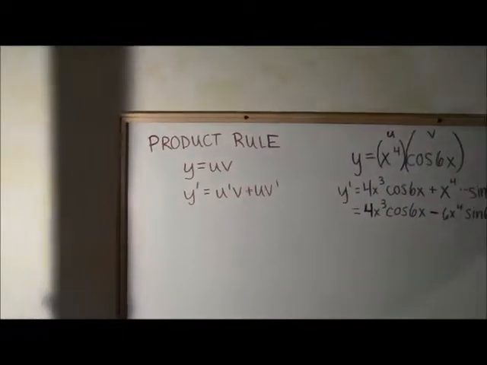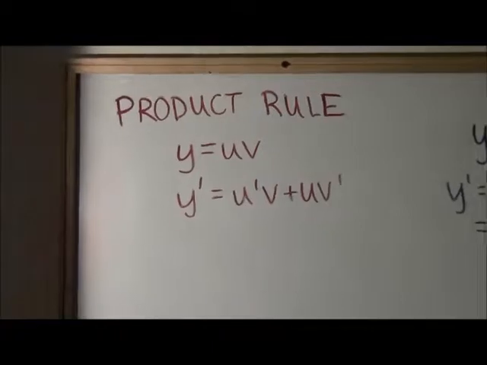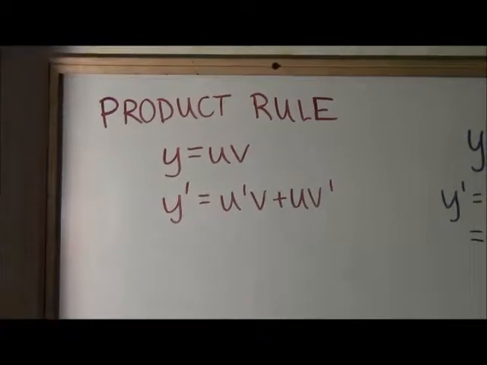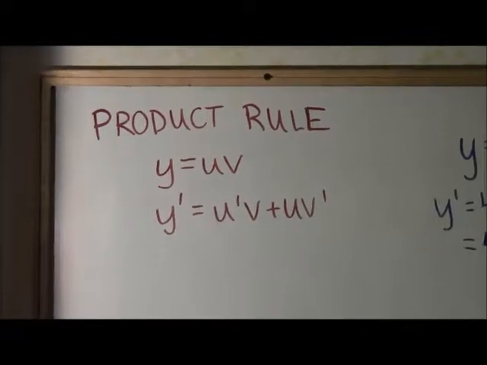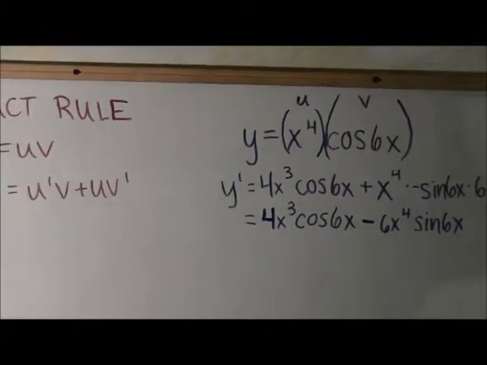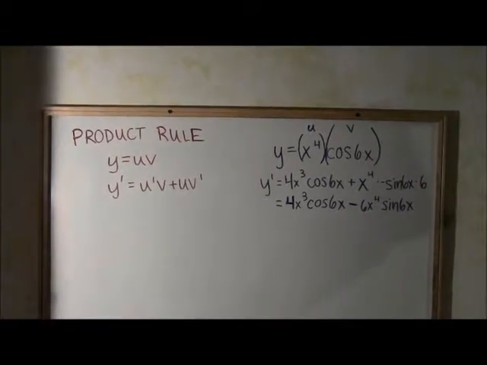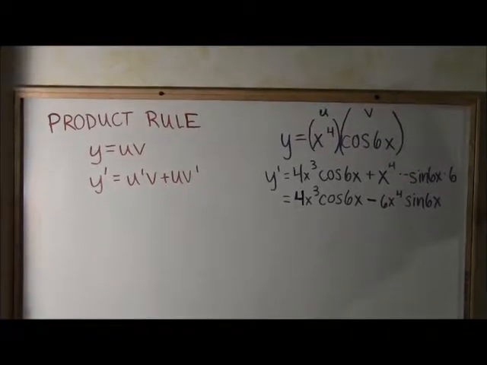The product rule states that the derivative of y equals uv is y prime equals u prime v plus u v prime. By separating the two parts of the function y, you have x to the fourth is u and cosine of 6x is v.